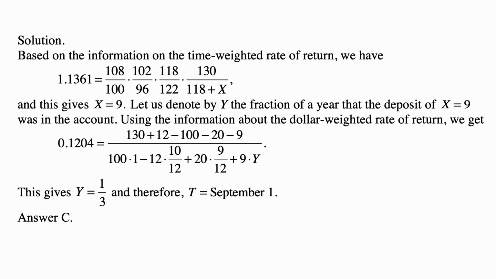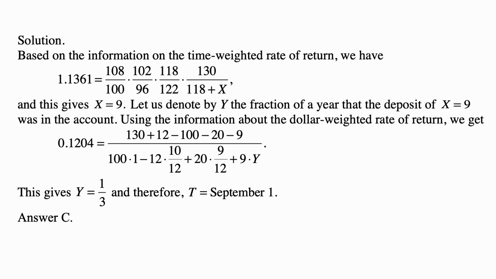So 100 was there initially, and we multiplied by 1 for the whole year that it was in the account, minus 12, the withdrawal, times 10 over 12, which is the fraction of the year that it was out of the account, plus 20 times 9 over 12. 20 was put in such a way that it was in the account for 9 out of 12 months, plus 9 times y, which is that fraction of the year that the deposit of 9 was in the account.